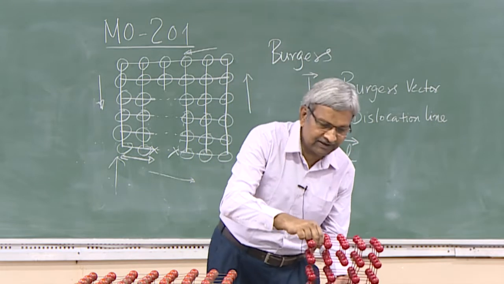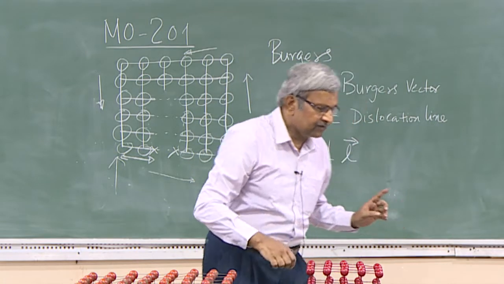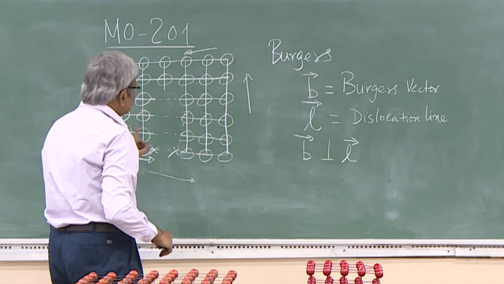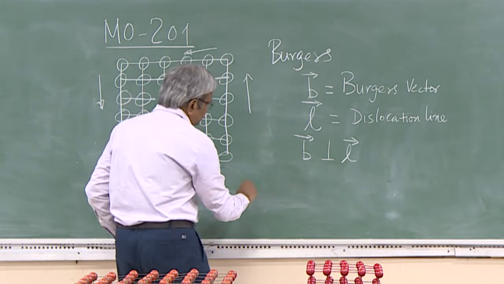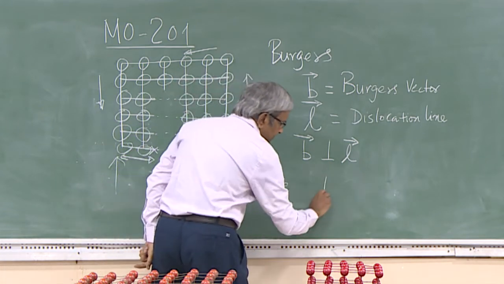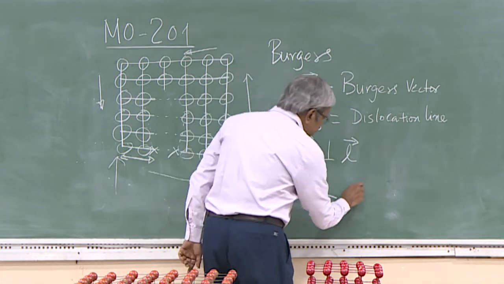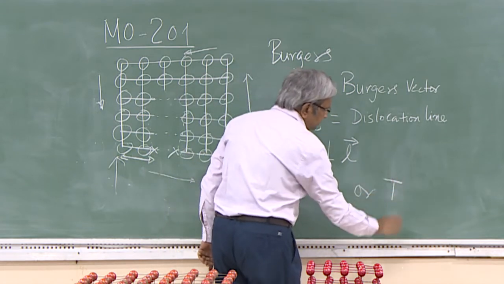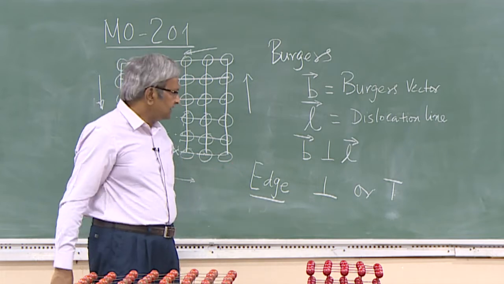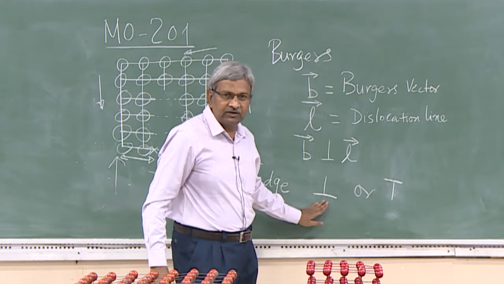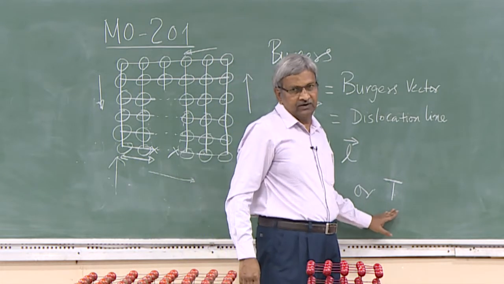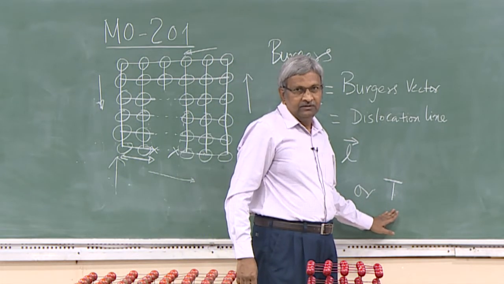So, the Burgers vector of dislocation and the representation of edge type dislocation is either represented like this or like this, inverted T or T, right. In case you are calling this a positive dislocation, then this becomes a negative dislocation, right.